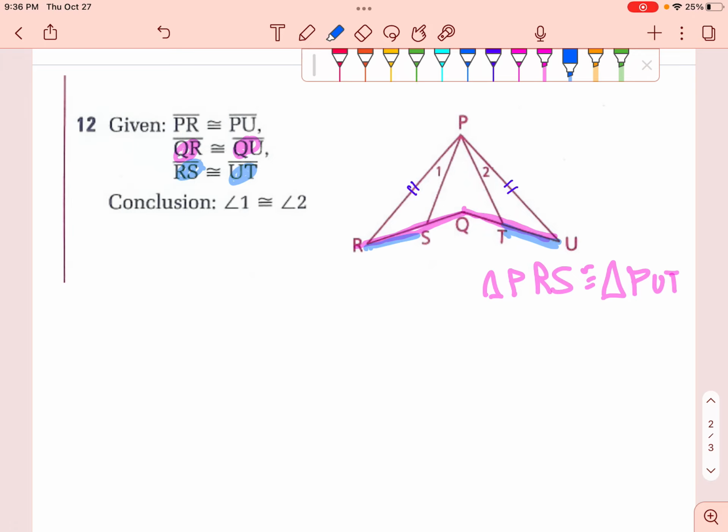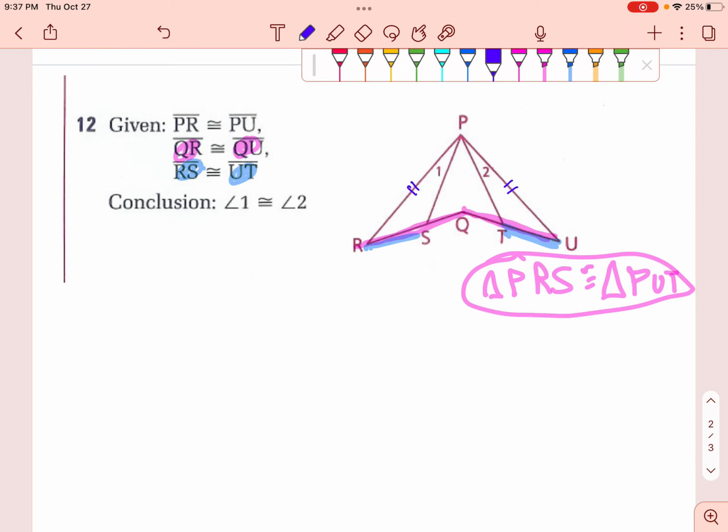Okay. All right. If I was trying to get these triangles congruent, I only have a side and a side. I don't have anything else, so I cannot get those triangles congruent. So we're going to have to get other triangles congruent to each other.